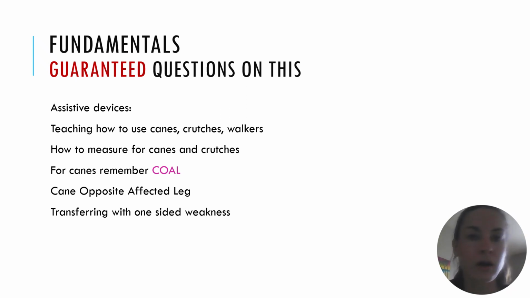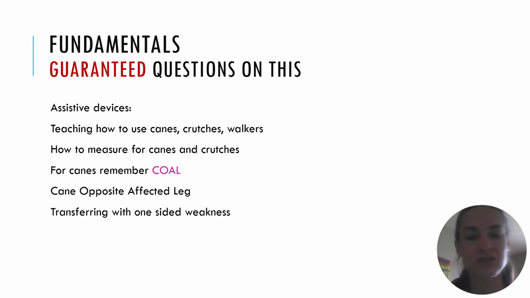So you need to know how to measure for canes and crutches, like it's a certain amount of inches that if they're standing up straight, like they can't be leaning on the crutches because then it's a circulation issue, I think.